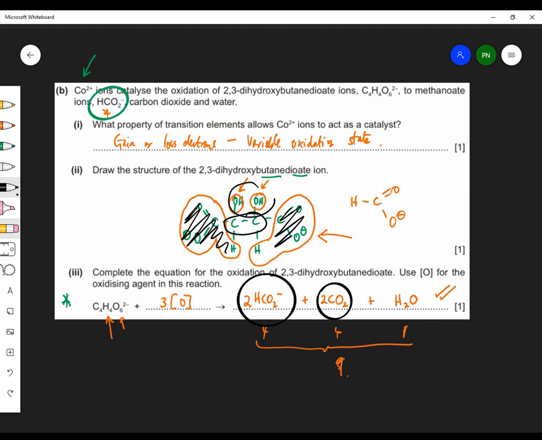From this, there's H2, and that's set, so there must have been one water. And if we work backwards and count the number of oxygens, we need three more on this side. I hope that makes sense.